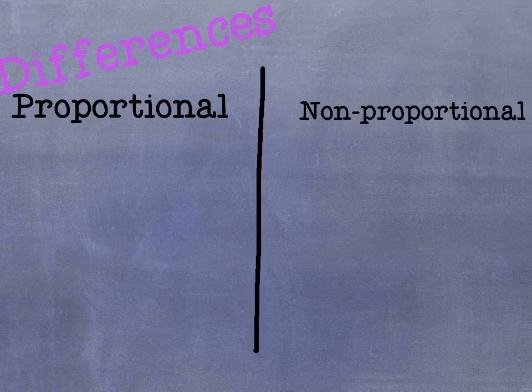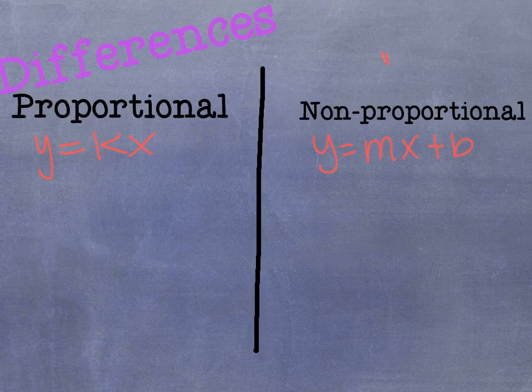Proportional, we've been talking about, it's the equation y equals kx. Non-proportional, you've noticed, has something else. It's not just kx, it's y equals mx plus b, where m is going to be slope.